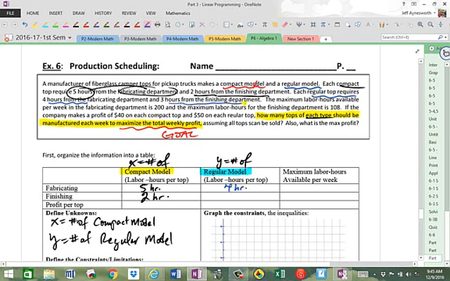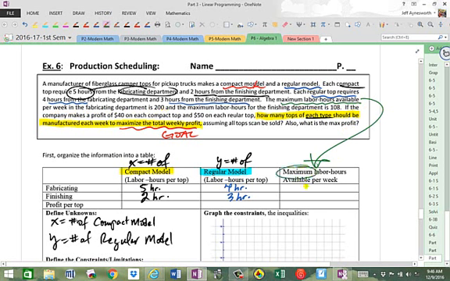Okay, the maximum labor hours available per week for fabricating is 200 hours. If it's a maximum keyword, we cannot go over, so we have to stay less than or equal to 200 hours because of the word maximum.